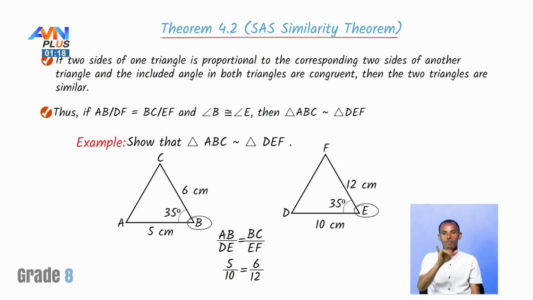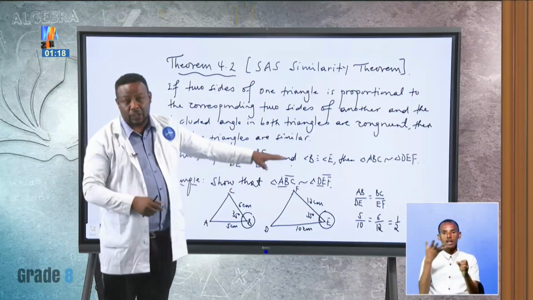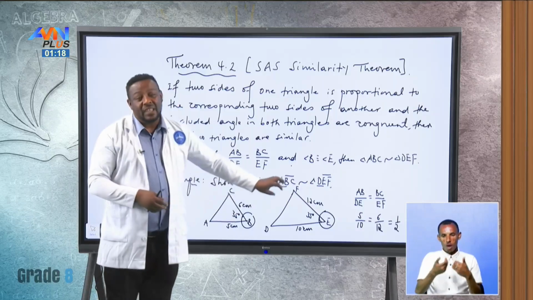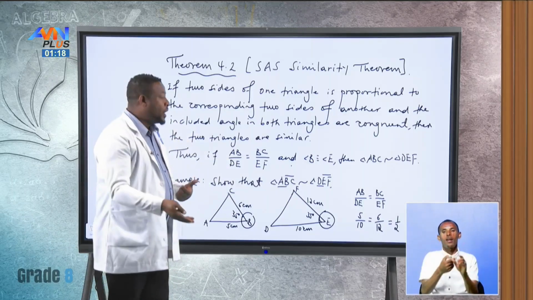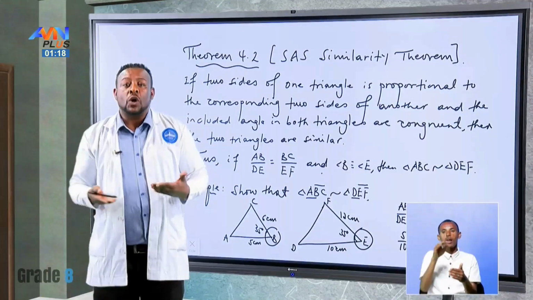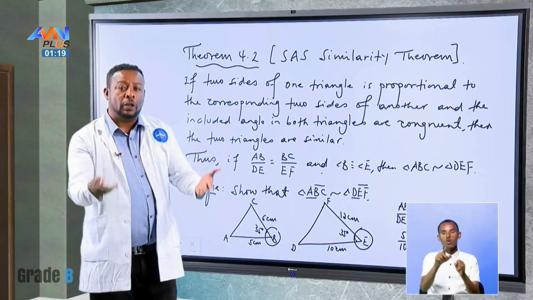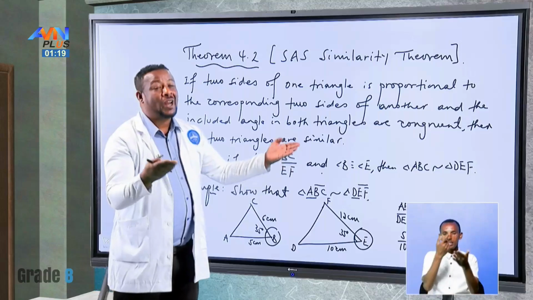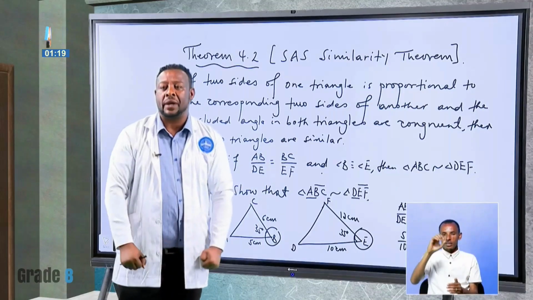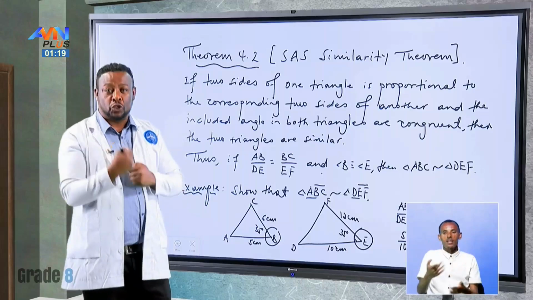If you write these numbers in simplified form, both of them are 1 over 2. So two conditions are satisfied in these two triangles. One is they have a congruent included angle. The other is the ratio of the corresponding sides is the same. So your conclusion will be these two triangles are similar by side-angle-side, right?